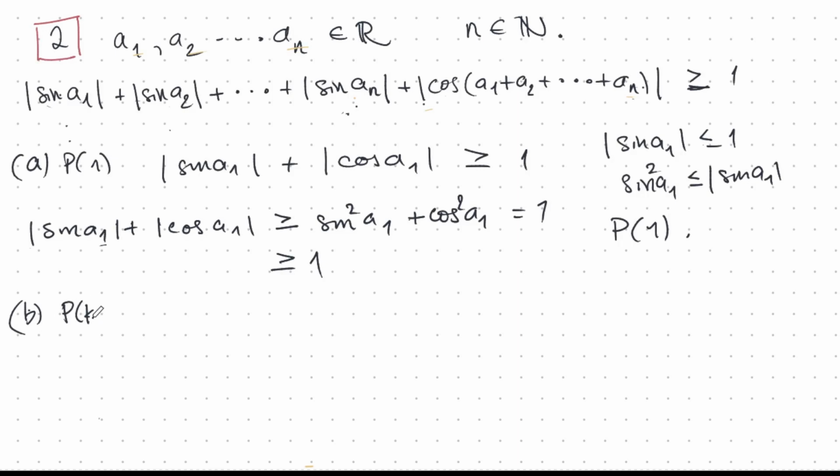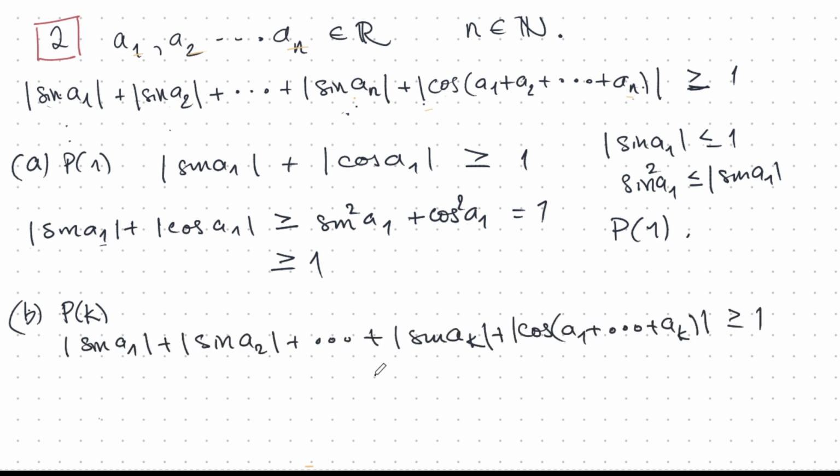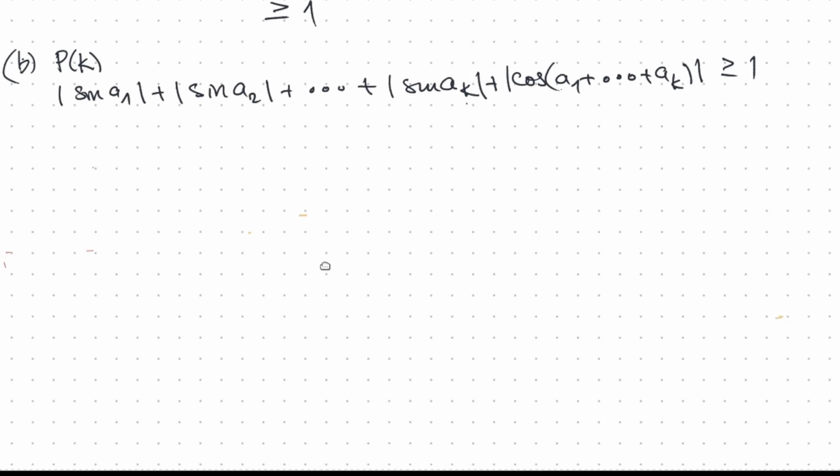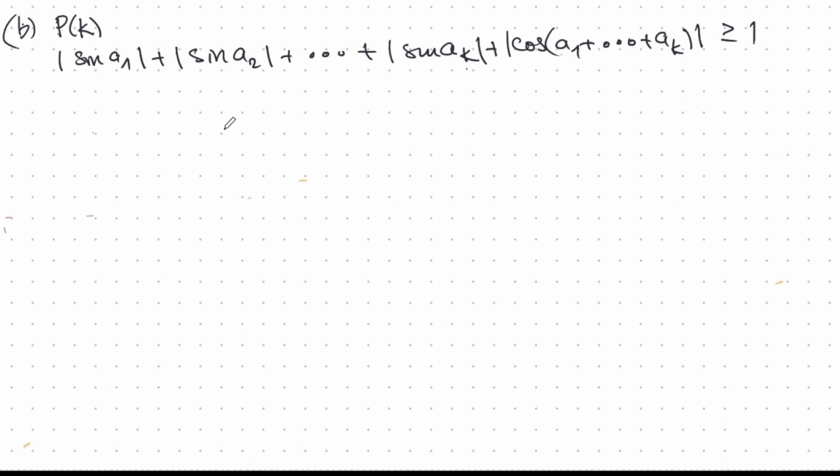Now for the induction step. Let's assume Pk is true. What does Pk look like? Like that: I go all the way up to Ak, and the sum inside the cos goes up to Ak. I'm going to assume that this is true, and I will use this. This is known to be true now, because we're saying if this is true, then we have to prove that Pk+1 is true.